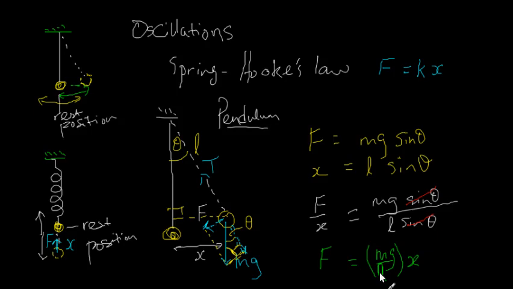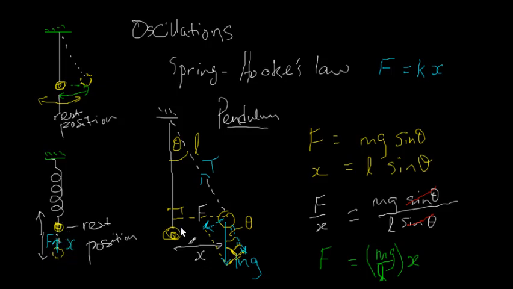There's an additional point I should explain before leaving this. I've pointed out the similarities between the relation between force and displacement in the pendulum and in Hooke's law. But what I want to point out now is this. In the case of the spring, the displacement x and the restoring force are both along the same line.